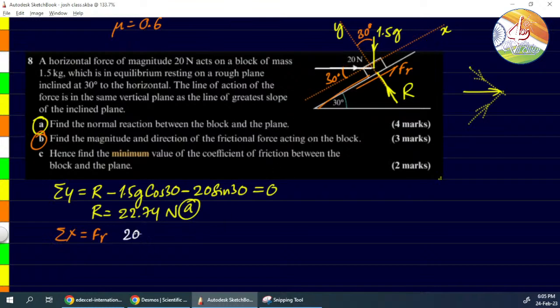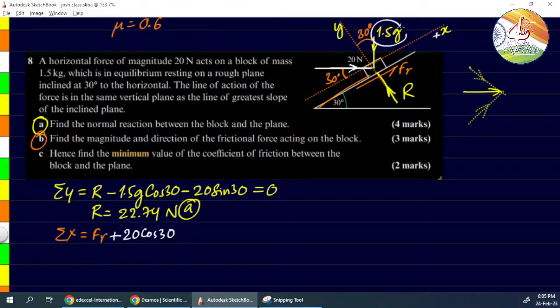So 20 cos 30. Is it positive or negative? This is going right side now, so the component will also go right side. Right side means positive x or negative x? Positive x. So plus.